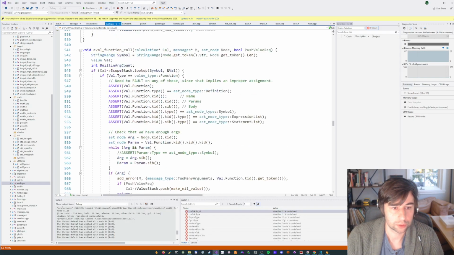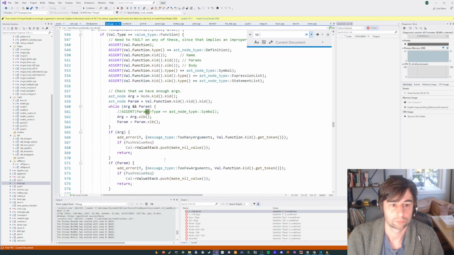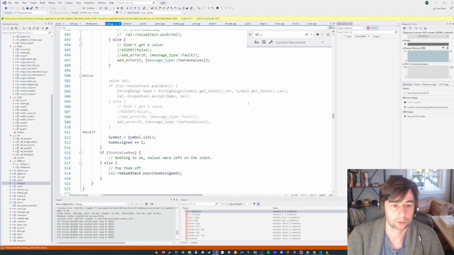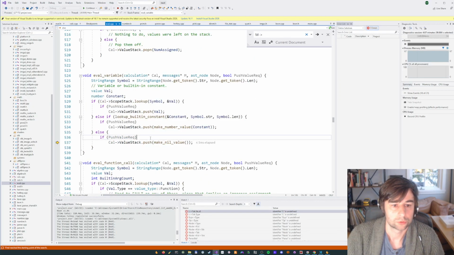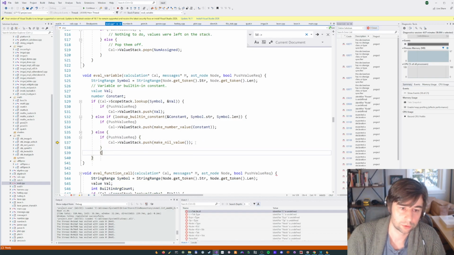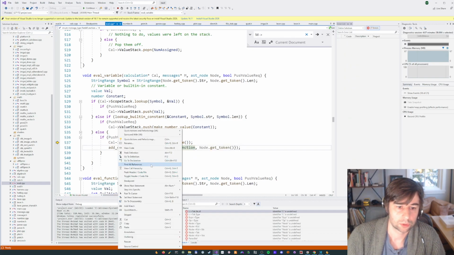How do we do errors again? Do we have errors here? Where do we do errors? Yeah, we don't want to do like add error. So here, basically, Visual Studio, what are you saying? Do we have unknown variable?